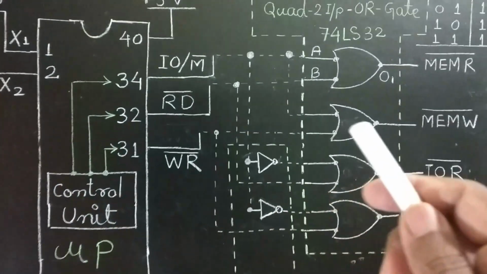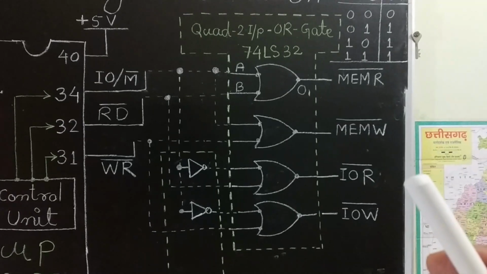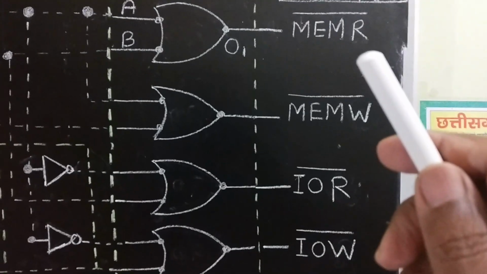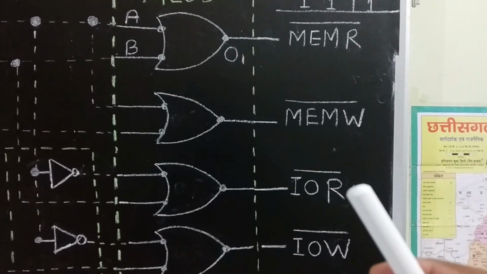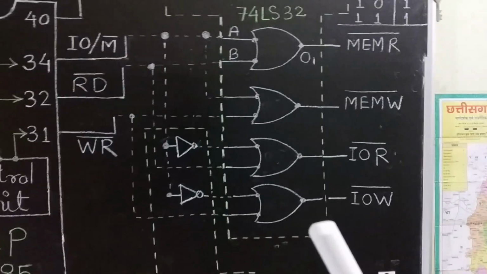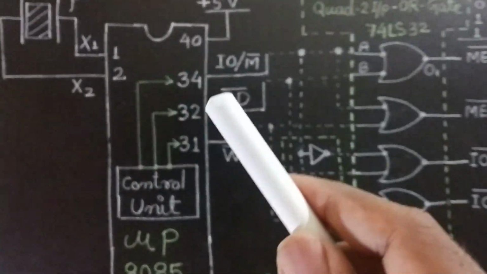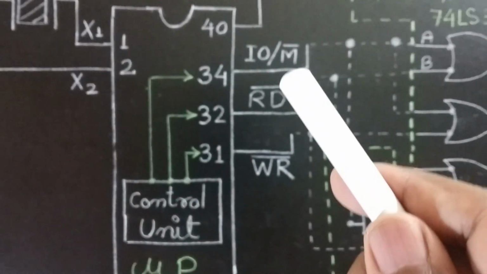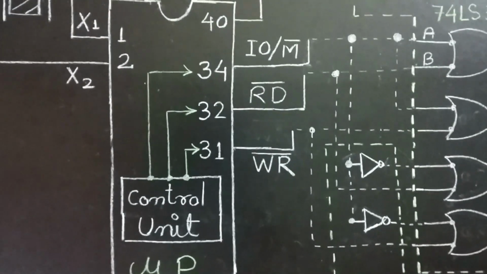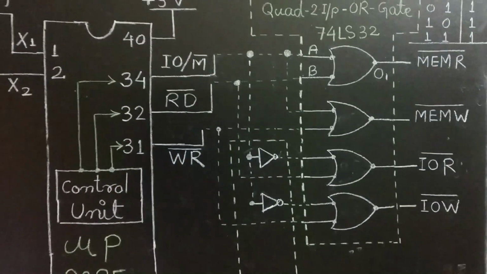But for controlling memory read, memory write, IO read and IO write operations, 4 signals are required. Thus we require some hardware so that from these 3 signals generated by the 8085, we are able to convert them to 4 signals.